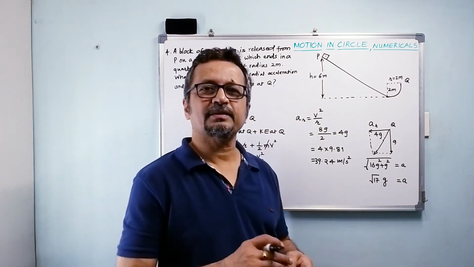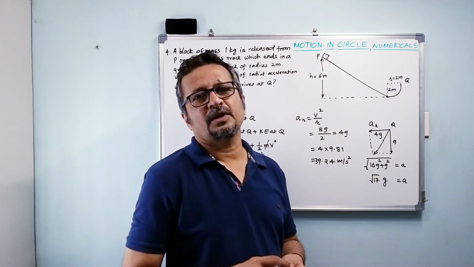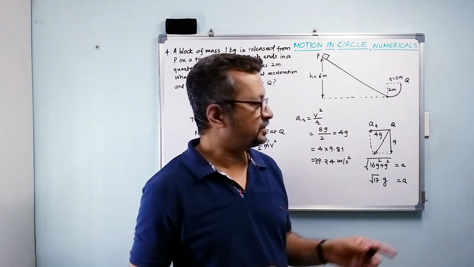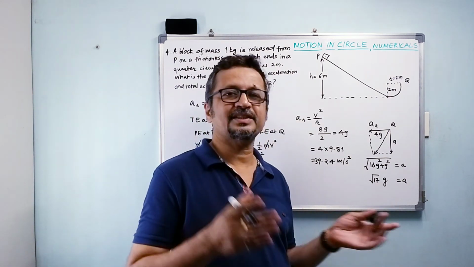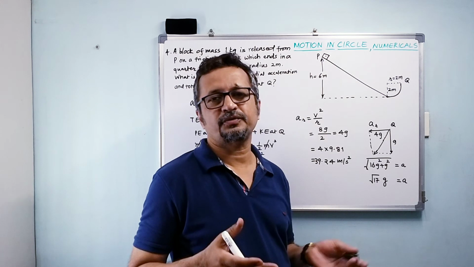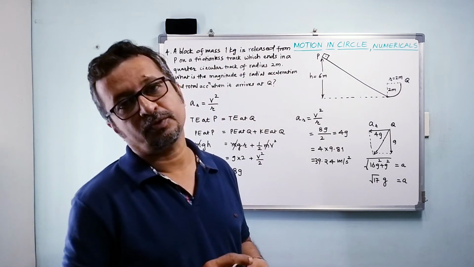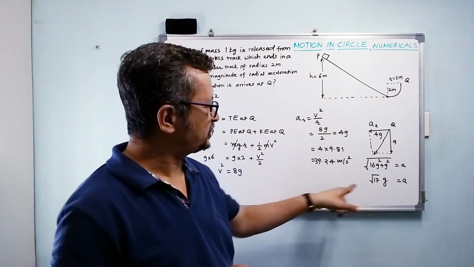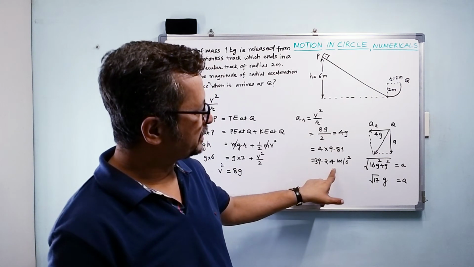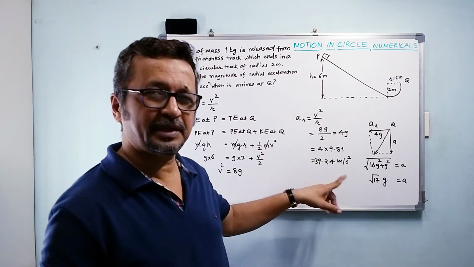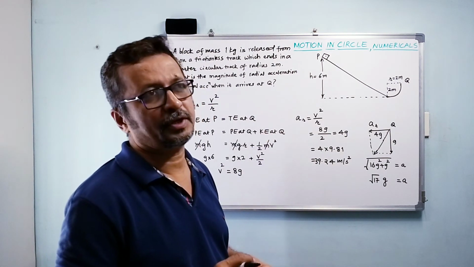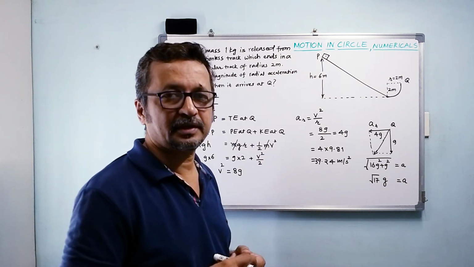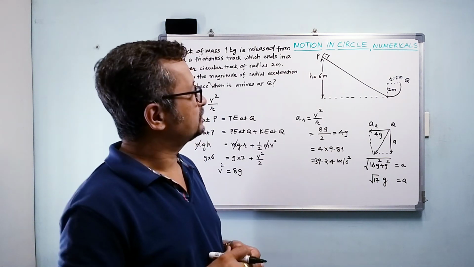Now this root of 17 is going to be just greater than 4, because 17 is close to 16. 16 has got square root 4, so root of 17 is going to be just greater than 4, and that multiplied by g, so it is going to be marginally greater than this 39.24. It would be something like 40 point or maybe 41 point something there, which you can calculate on your calculators, right? Thank you so much.